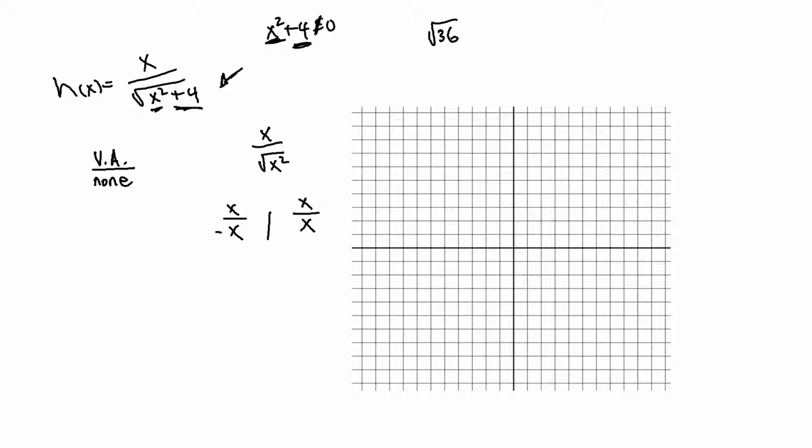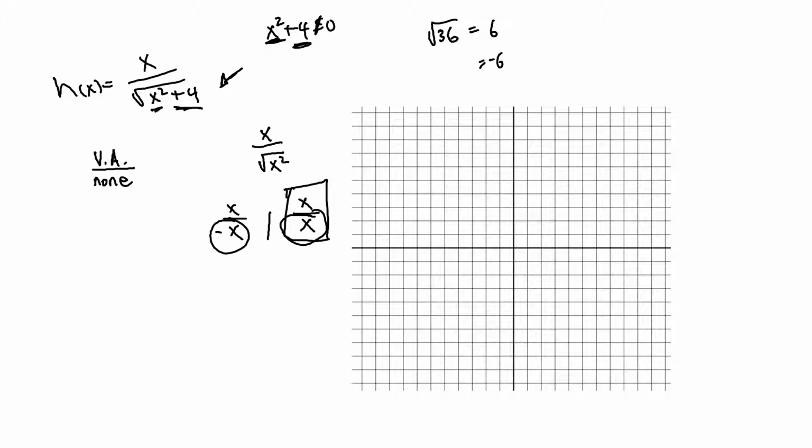If I say square root of 36, what is that? Well, it's going to be 6 because 6 times 6 is 36. But it's also equal to negative 6 because a negative 6 times a negative 6 is equal to a positive 36. So we can either have a positive version of our answer or a negative version of our answer.